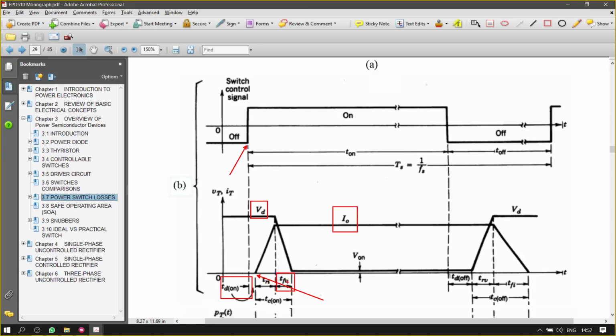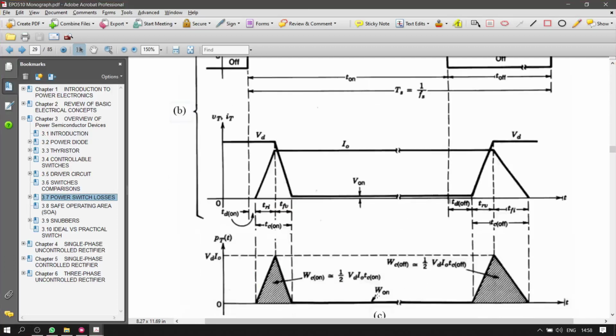TFV is the falling time for voltage, isn't it? So we have the voltage reduce because you want to turn on, and then you complete the cycle. This is the turn on period.